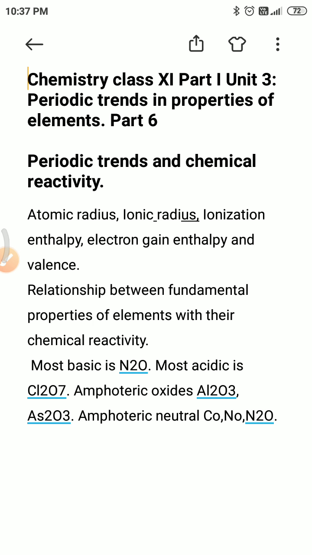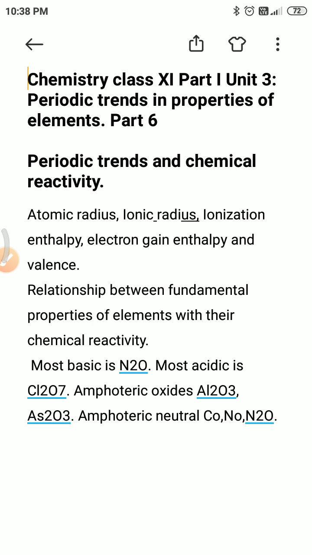So the ionization enthalpy of the extreme left element in a period is the least, and the electron gain enthalpy of the element on the extreme right is the highest negative. This results in high chemical reactivity at the two extremes and the lowest in the center.